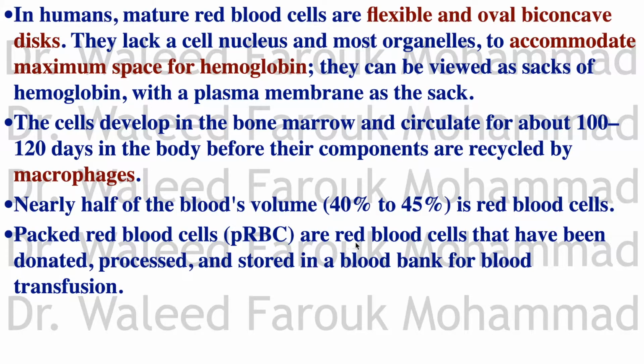The red blood corpuscle is a flexible, oval biconcave disc. As mentioned before, it lacks a nucleus and most organelles to allow space for the hemoglobin, for the maximum capacity of oxygen carriage, and the lifespan of the RBC averages 120 days before it's destroyed by macrophages.